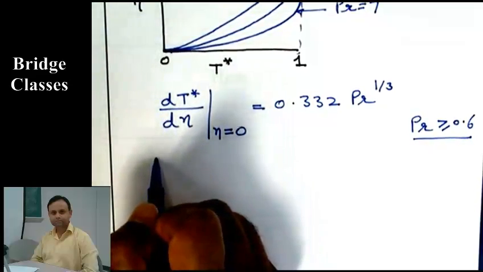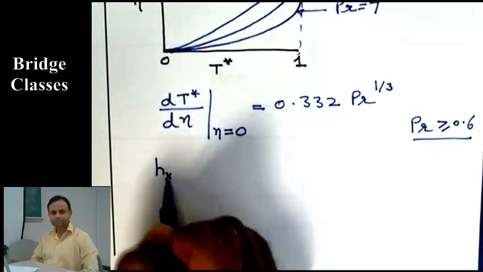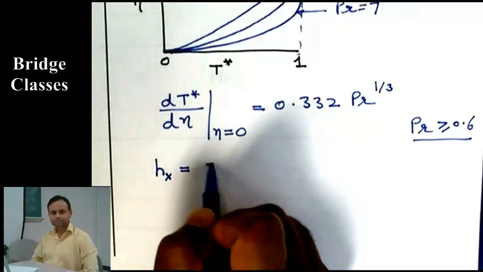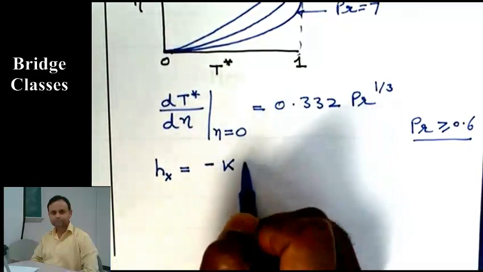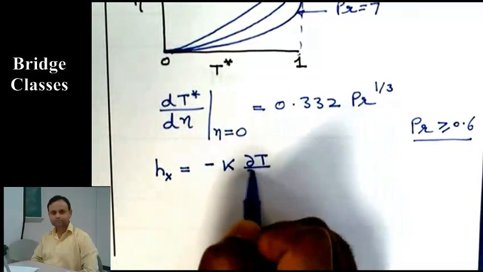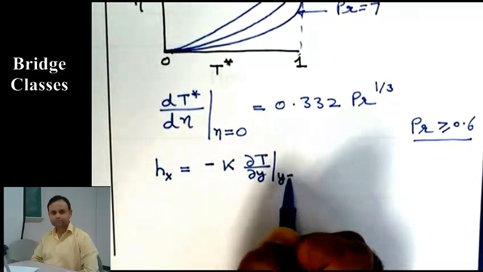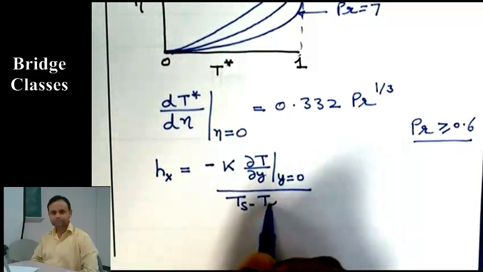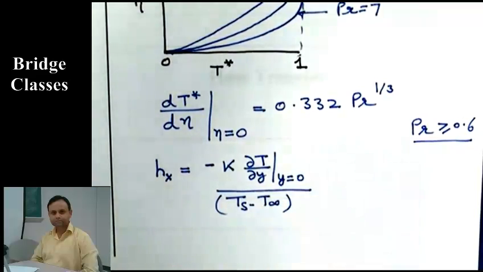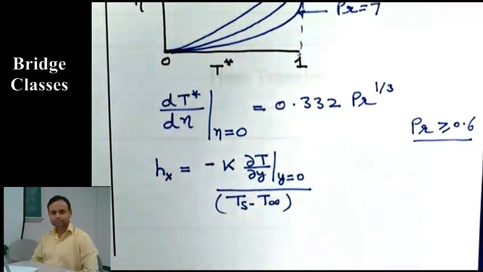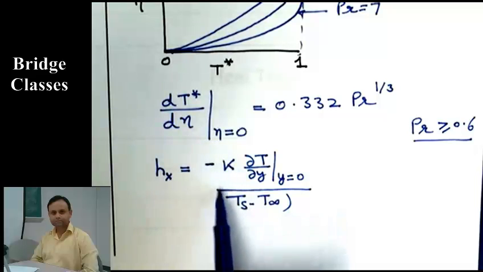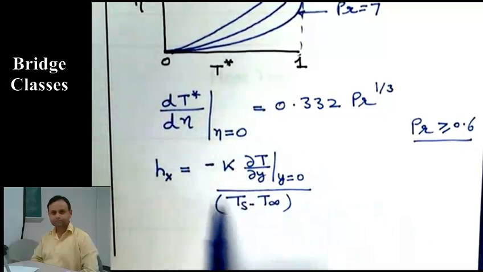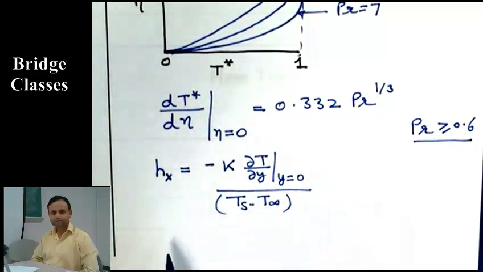Now, the convection coefficient at any location x, hx, is the local convection coefficient. This is negative k dT dy at y equals 0 over Ts minus T infinity. We did this in the last class: this is conduction from the surface, which will be equal to h times the temperature difference, Ts minus T infinity.